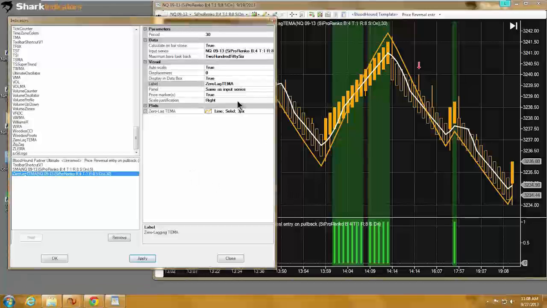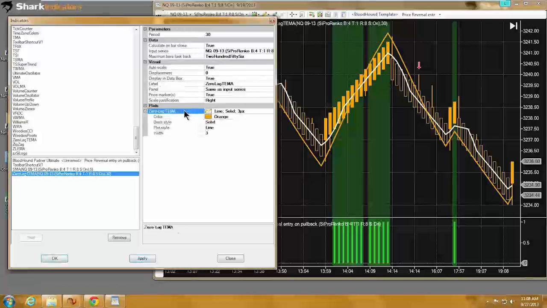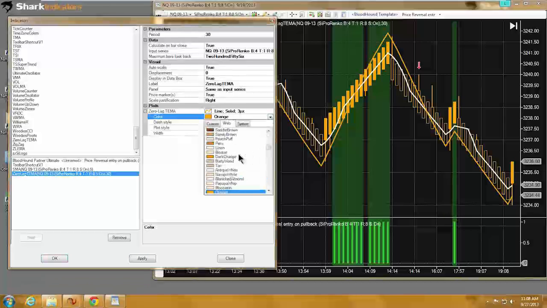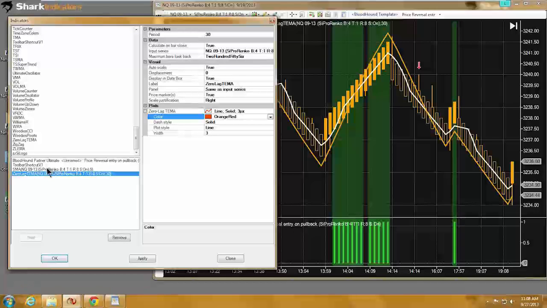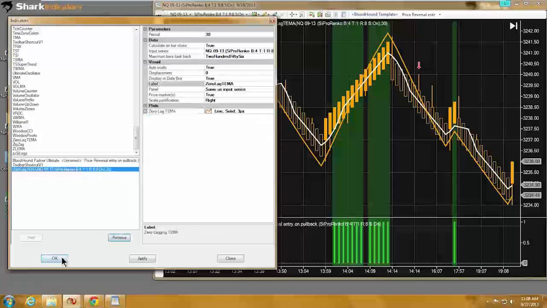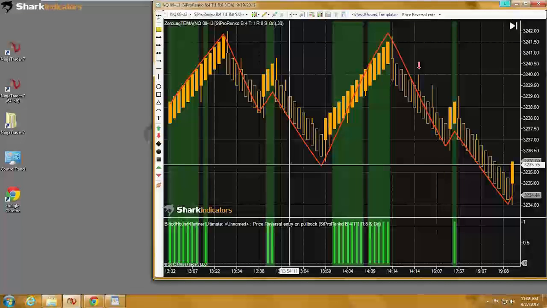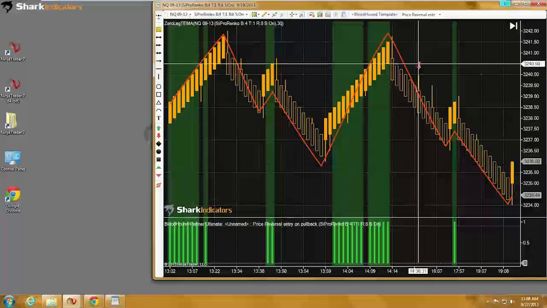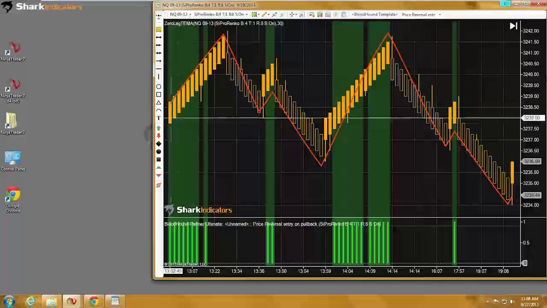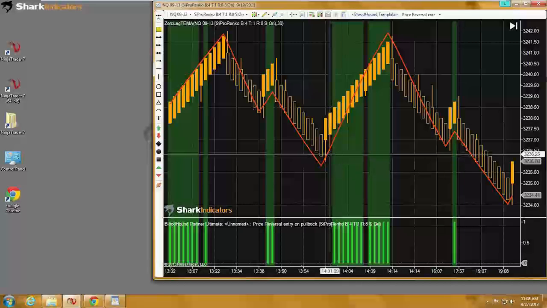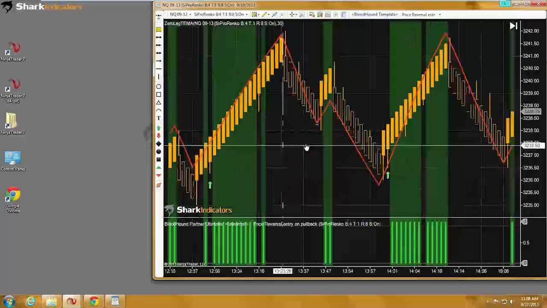All right, maybe this will work. Yeah, I think this will work. So I can see I should get a long signal there on that pullback.